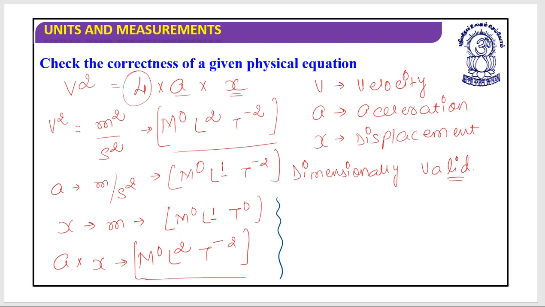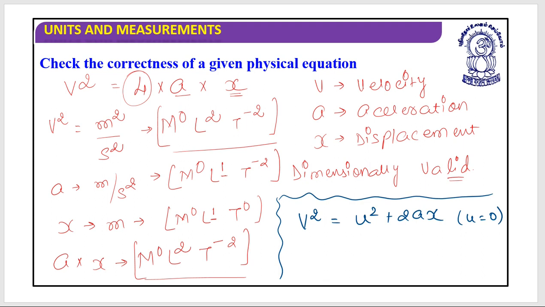Now look at this. According to the physics, the relation is v square equals u square plus 2ax. If I put u equals 0, why and how I can put u equals 0, that we will learn and discuss in the next unit.